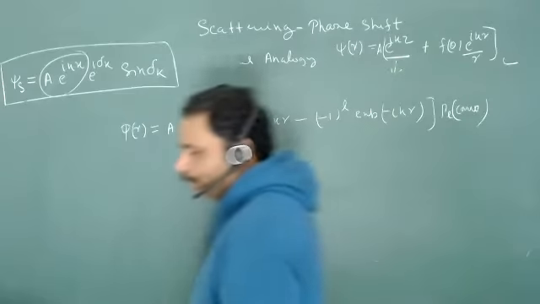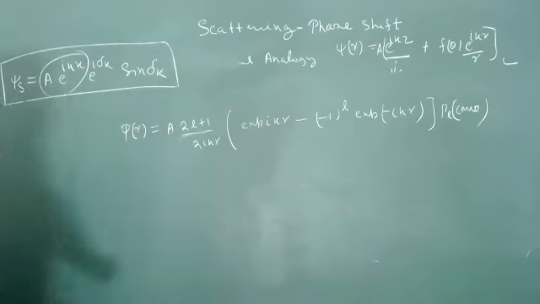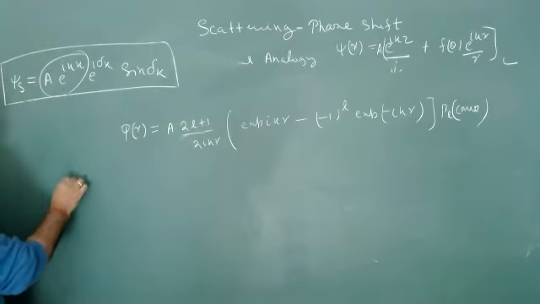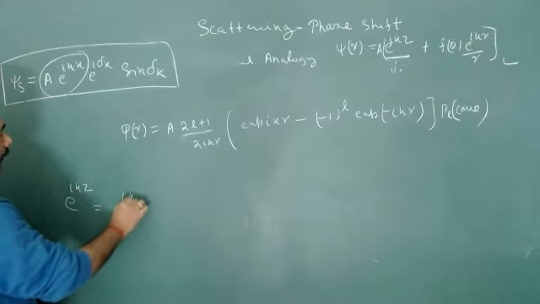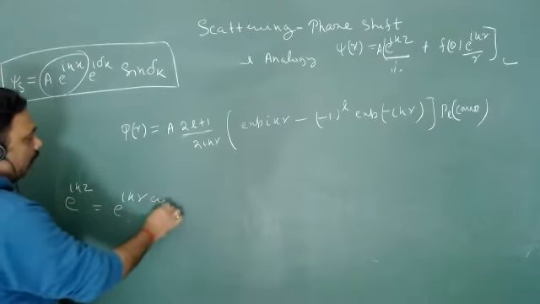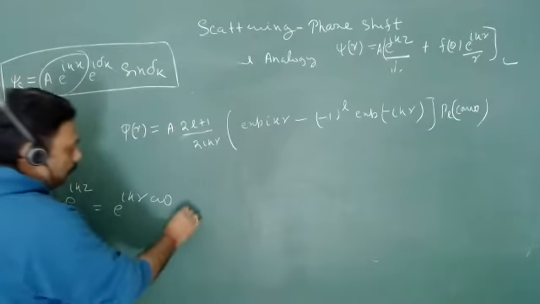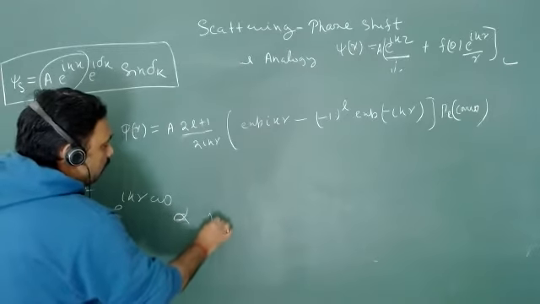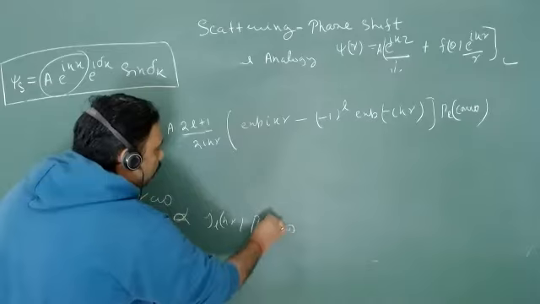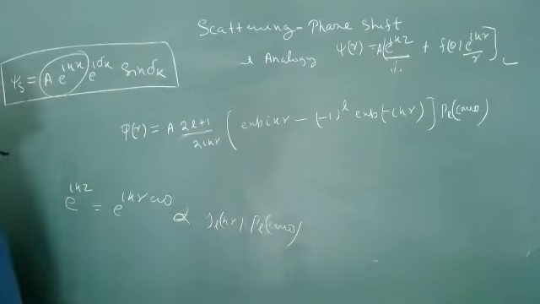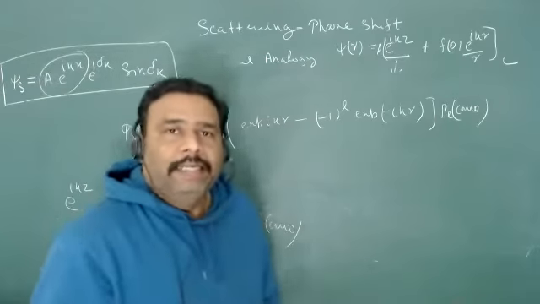Now we have done it. We have written e to the power i kz as e to the power i kr cos theta, which can be proportional to, you have seen, JL kr PL cos theta, remember? And what is JL kr? This is some function of sine.